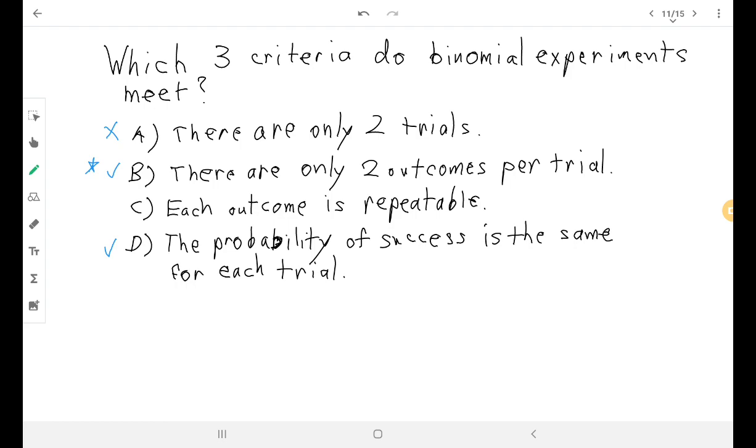And then I either rolled a 5 or I didn't, right? And those are my two possible outcomes. The probability of rolling a 5 is 1 out of 6, and the probability of not rolling a 5 is 5 out of 6. So they have to have the same probabilities each time. That is, if I say I want to roll a 5, the chances of rolling a 5 have to be 1 out of 6 every single time.